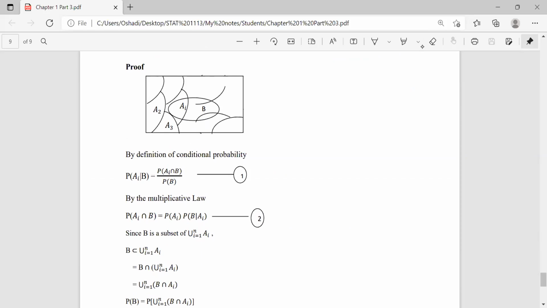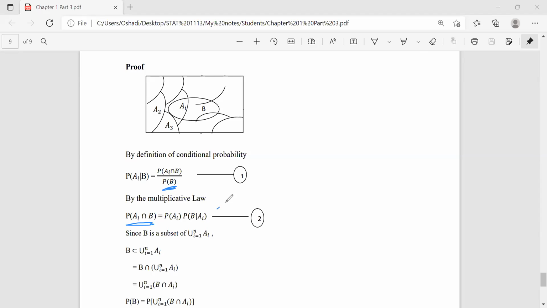So the sample space has been partitioned here, and another arbitrary event is given as capital B. By definition of the conditional probability, we need to find P(Ai given B). Using the conditional probability, we can write this equation, and using the multiplication law, we can write P(Ai intersection B) like this.